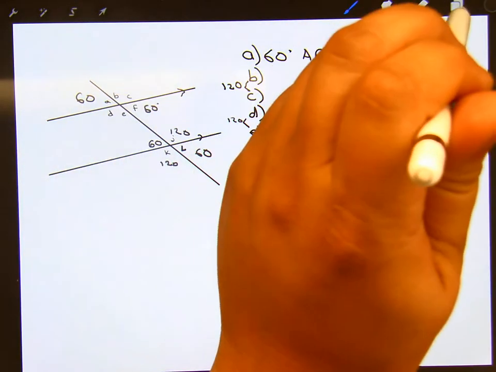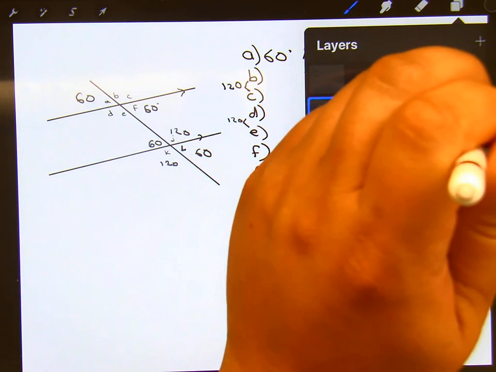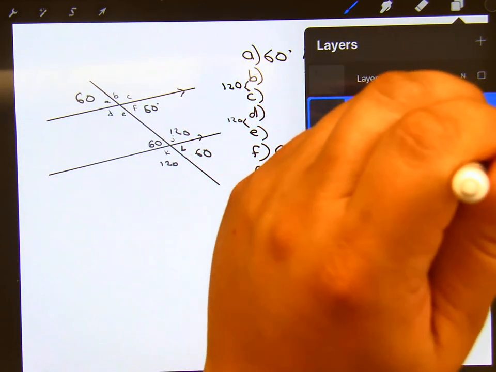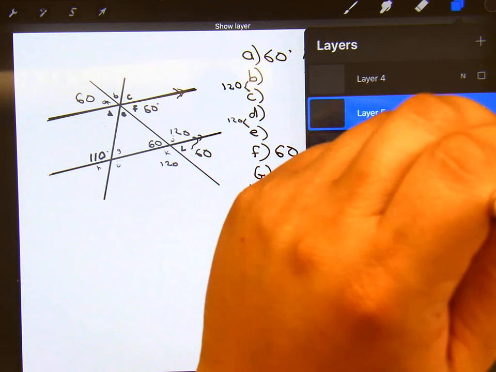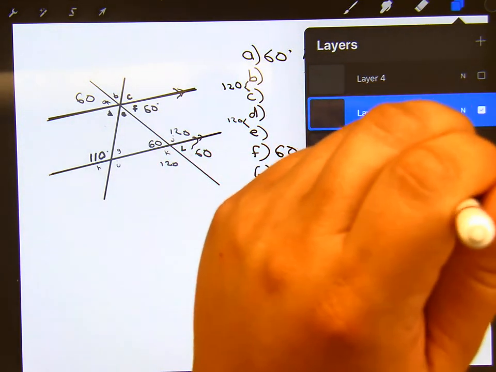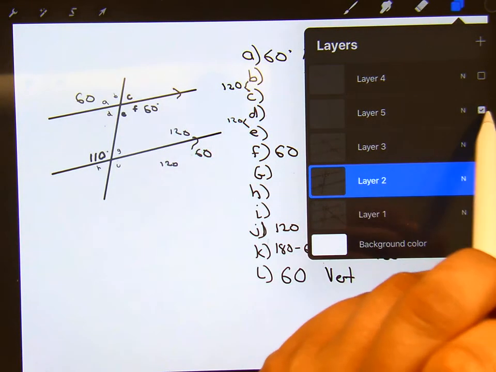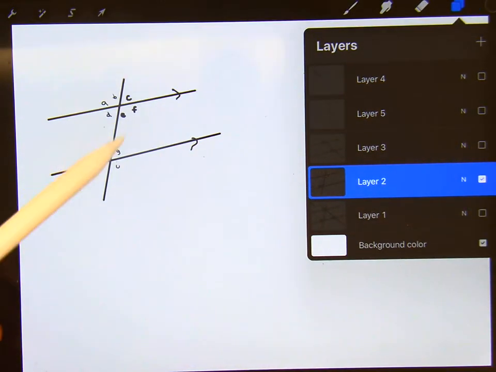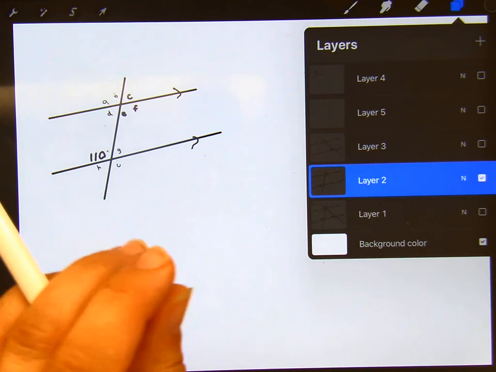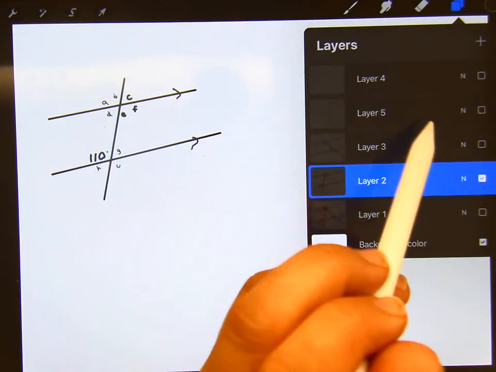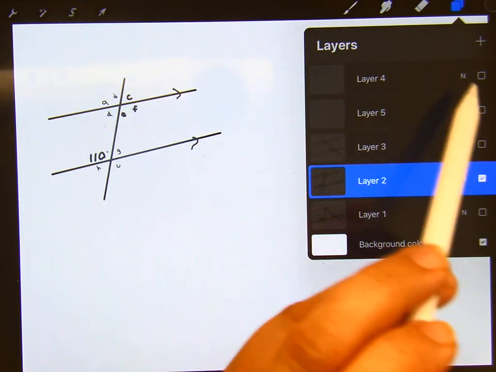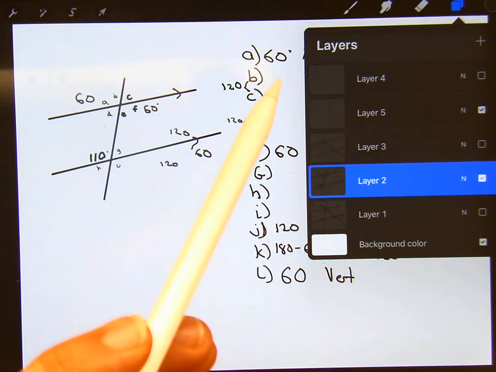So let's see about our other one. Remember this was our first layer here. But let's put in the numbers that we know.